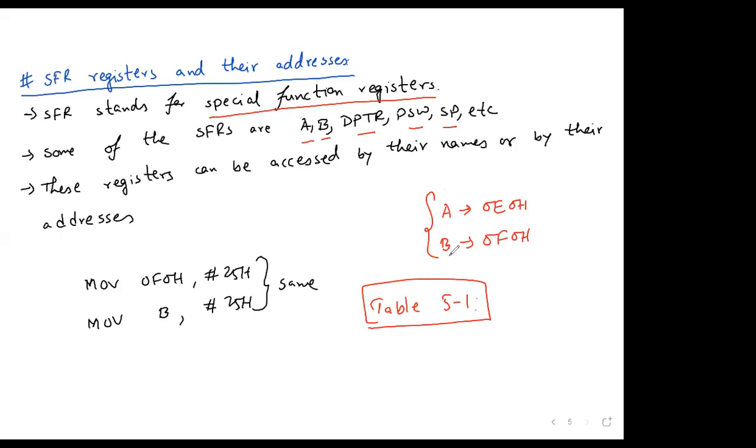Just look at the table and try to understand what they are saying. The registers all have different addresses. So just try to see those things. In the exam, if you need this table, then you will either be provided this table or the required data will be provided to you. So bottom line is you don't have to memorize this table, but at least you should know that there are some SFR registers and they have some corresponding addresses.